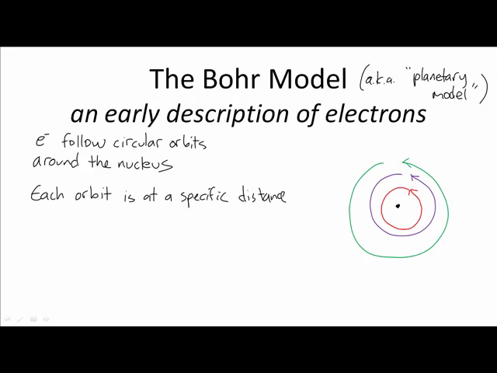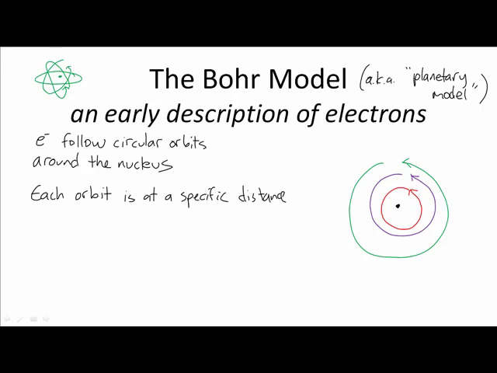When most people picture an atom, they picture some version of the Bohr model, that symbol where you've got the nucleus in the middle and circles going around it. So the Bohr model has the advantage that it's easy to picture.